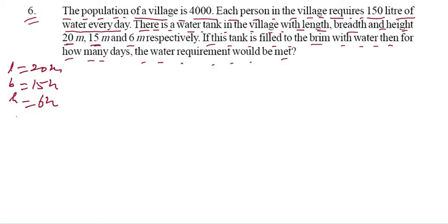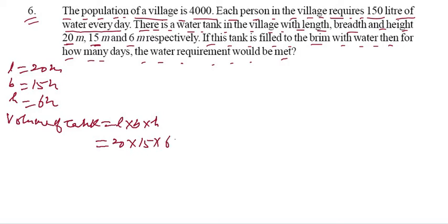Now volume of tank we can find here. So volume of tank is L into B into H. So you can write here 20 into 15 into 6 meter cube. But we want to change it into liter. So 20 into 15 into 6 into 1000 liter. This has been converted into liter.